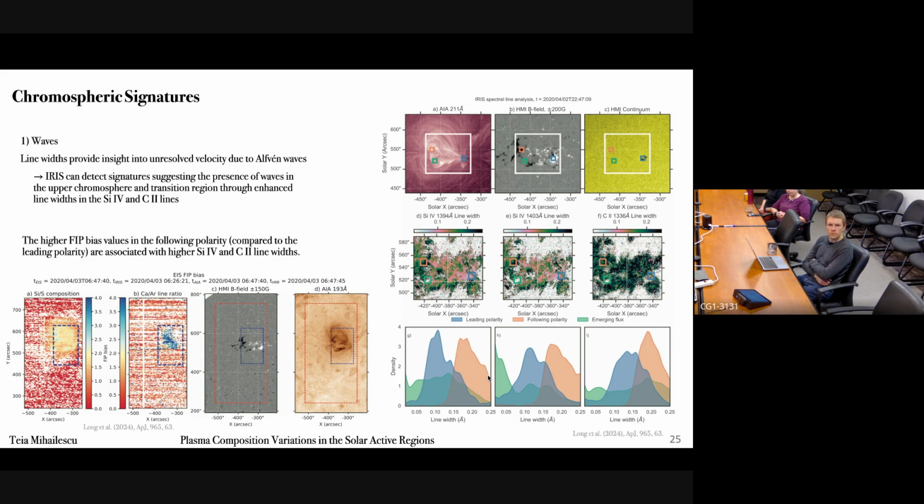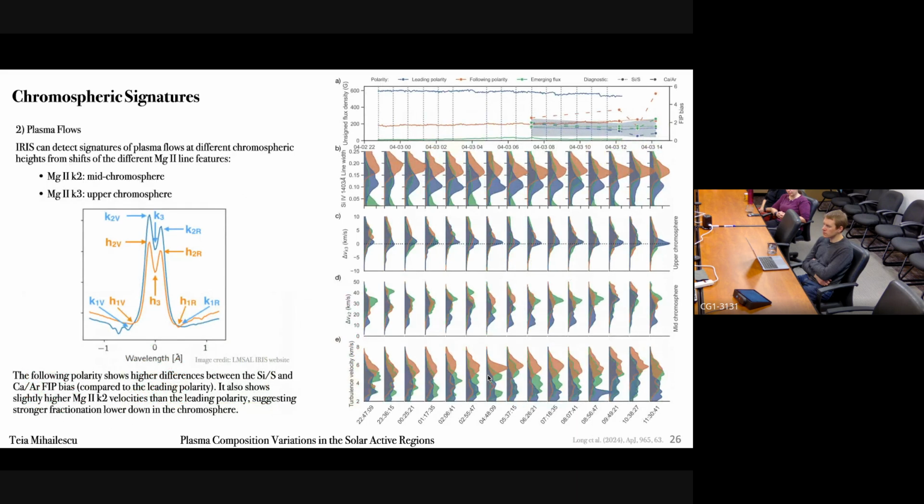The other thing we could look for is the velocities of different features of the magnesium-2 line. This work looked at the magnesium-2 K2 and K3. The K2 is forming lower down in the chromosphere and the K3 higher up in the chromosphere.